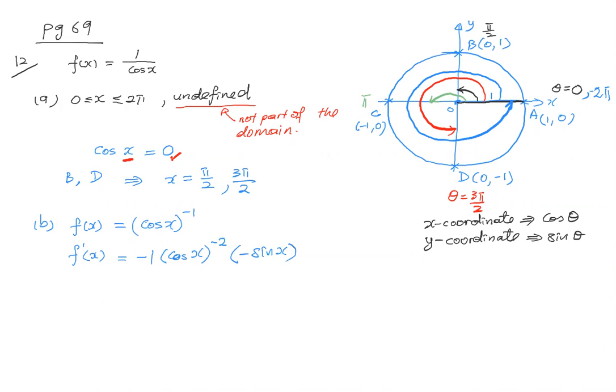Did I differentiate it correctly? Okay. So you got sin x over cos square x. So stationary, f prime x equal to 0. So therefore, sin x equal to 0, correct? Top equal to 0. So sin x equal to 0, x is what?